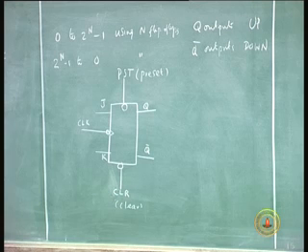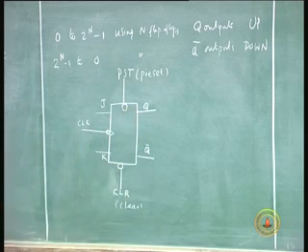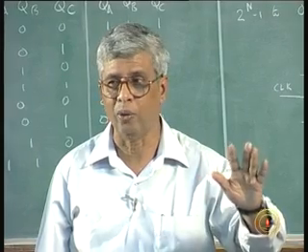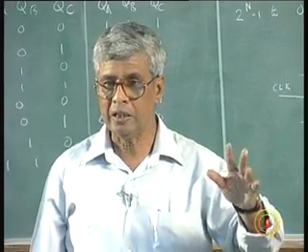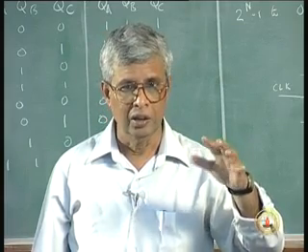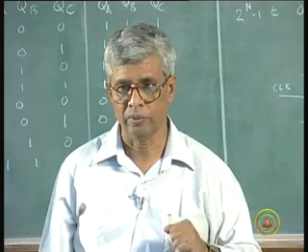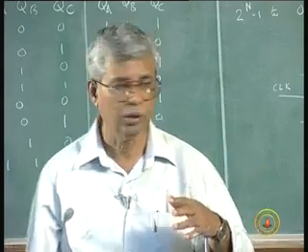So, the preset input, when it becomes 0, makes Q 1 irrespective of the values of j and k and irrespective of whether the clock is positive, 0 or 1. That means the preset input, in electronic circuit parlance, overrides all other inputs.